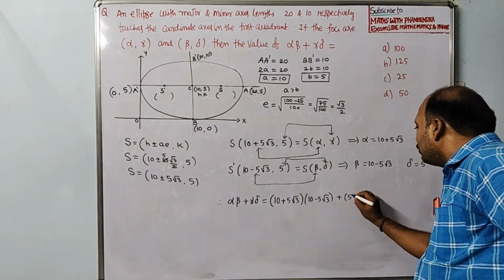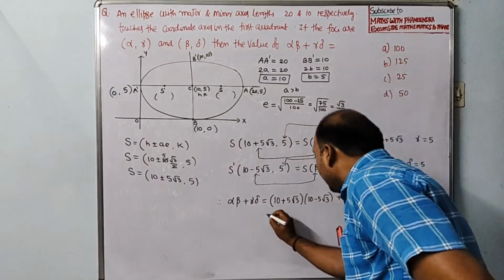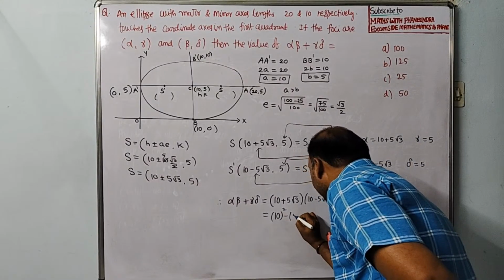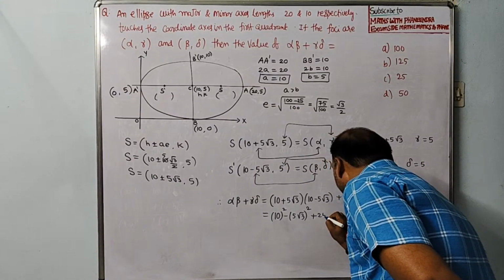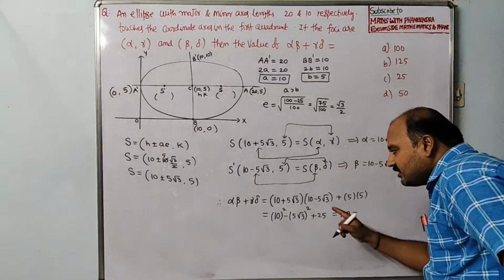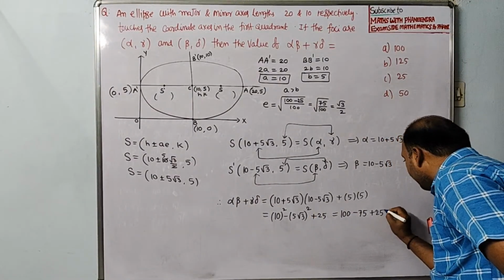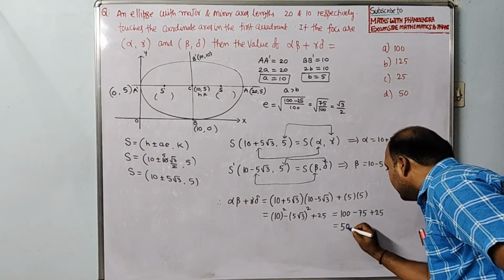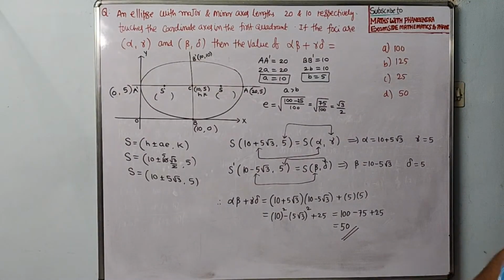So 5 into 5. (a plus b) into (a minus b) is a square minus b square. 10 square minus (5 root 3) whole square plus 25. So which is equal to 100 minus 75 plus 25, which is 25 plus 25, equal to 50. So therefore alpha beta plus gamma delta equal to 50.